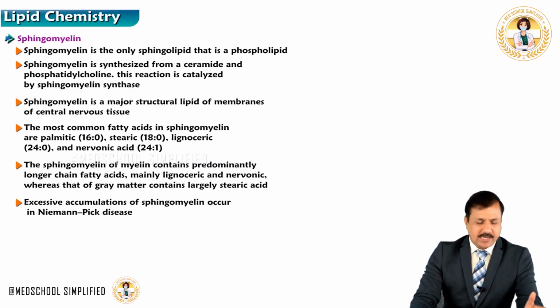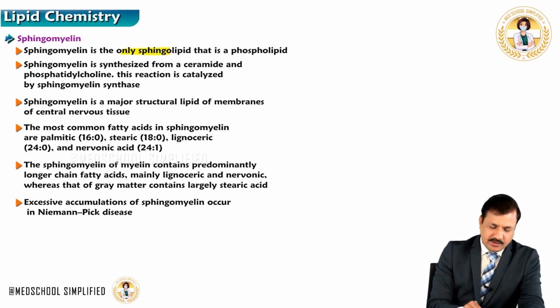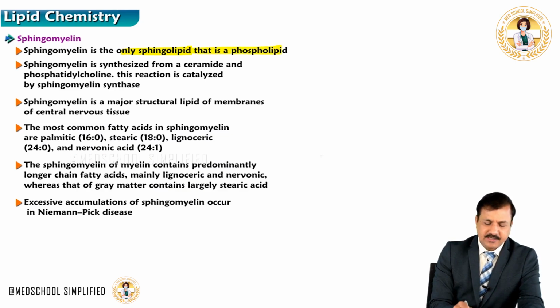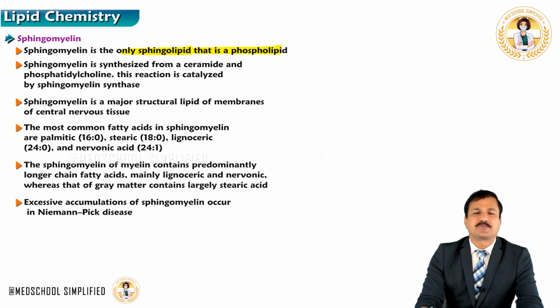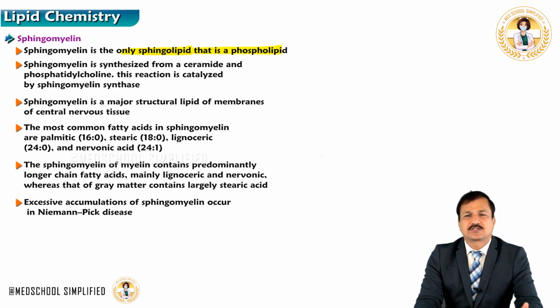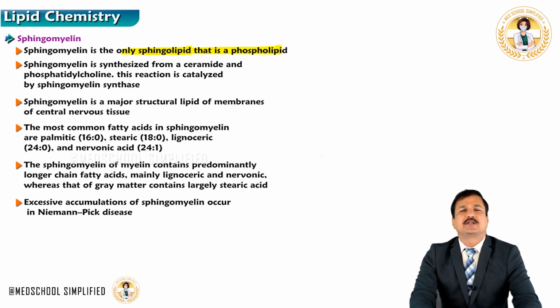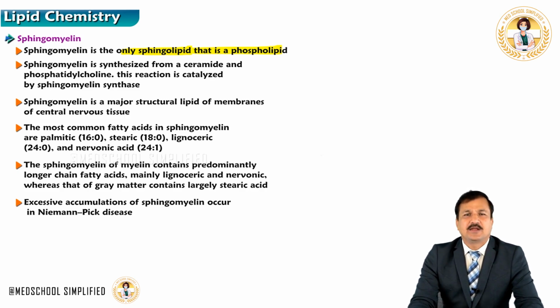Alright, know that sphingomyelin is the only sphingolipid that is a phospholipid. And also sphingomyelin is a major structural lipid that is present in the cell membrane of the central nervous system.